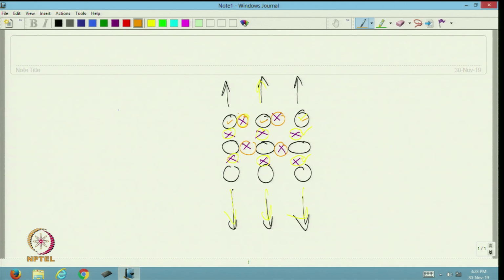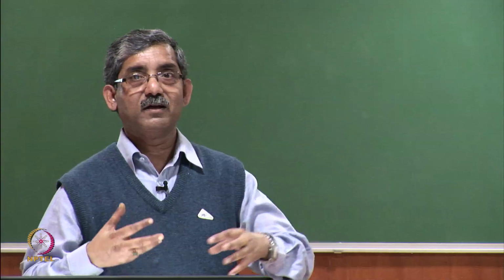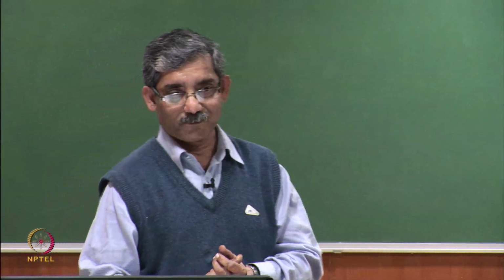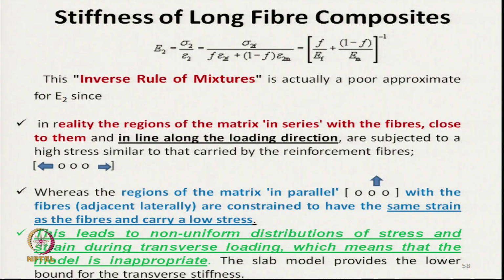So, adjacent matrices in two different zones which are very close have totally non-uniform load distributions. That makes this an unstable model. So, this leads to non-uniform distribution of stress and strain during transverse loading, which means that the model is inappropriate.